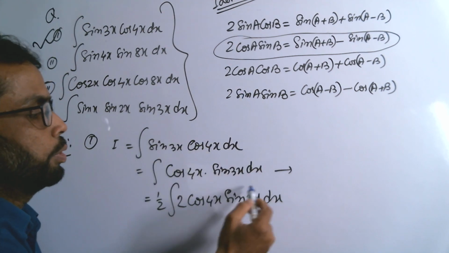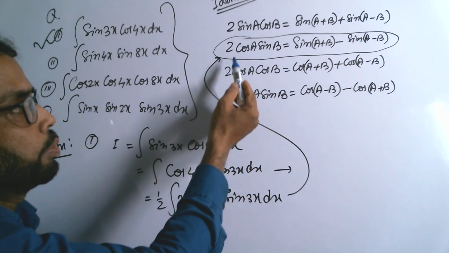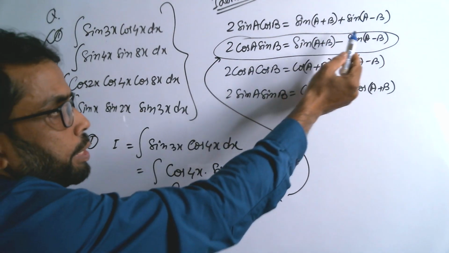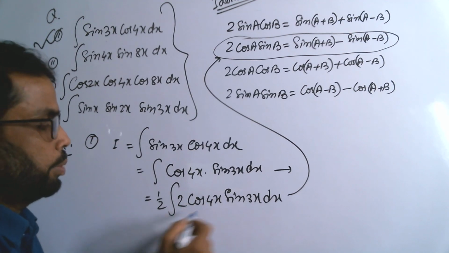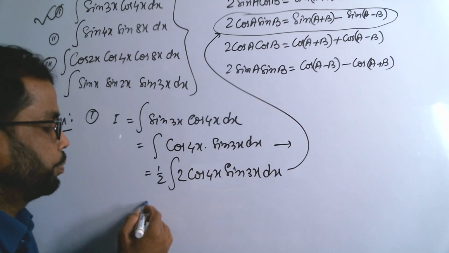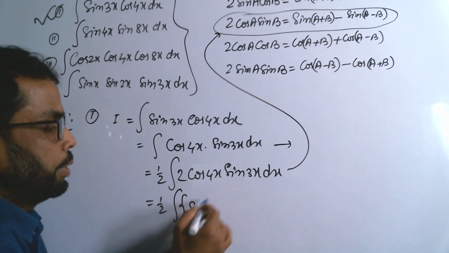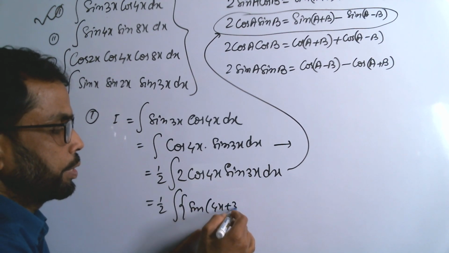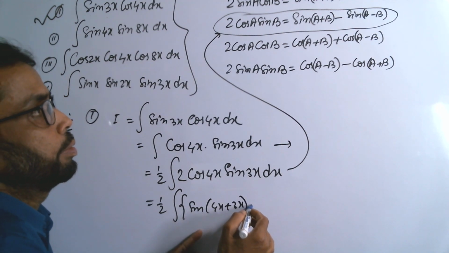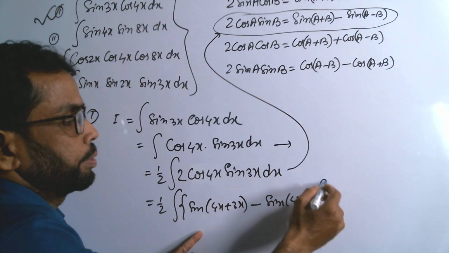Now we are going to use this second identity: 2 cos a sine b is sine (a plus b) minus sine (a minus b). So a plus b is 4x plus 3x, and a minus b is 4x minus 3x.